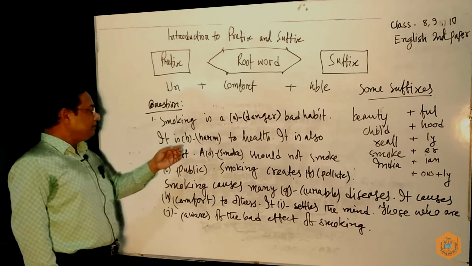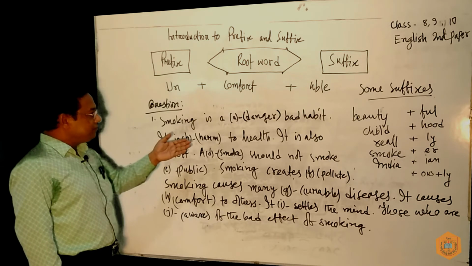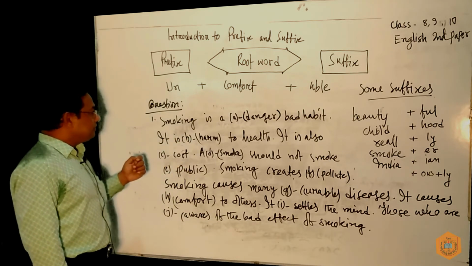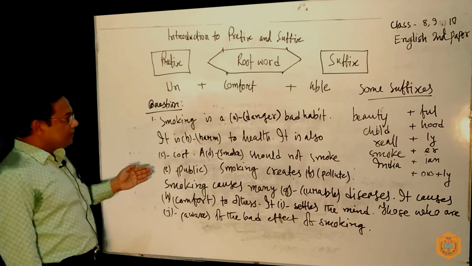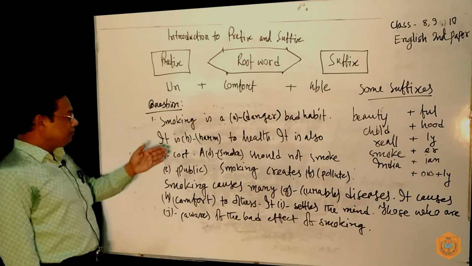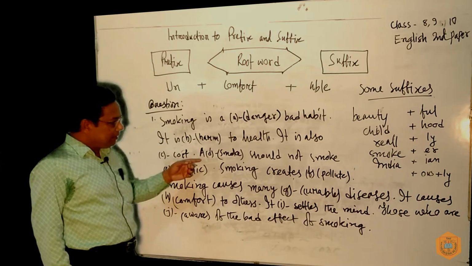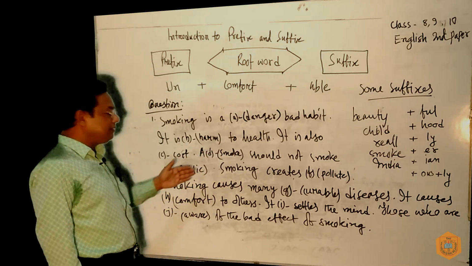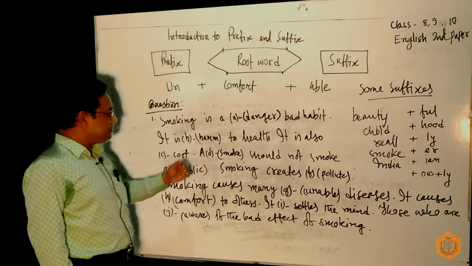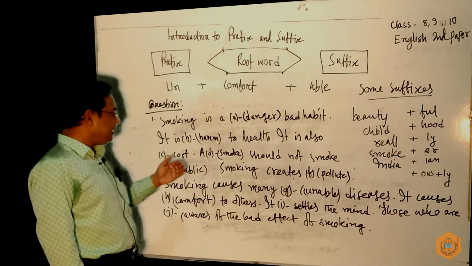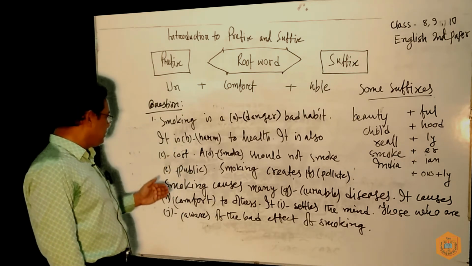Here we have used suffix with harm. It is also cost. We can say it is also costly. A smoker, here is smoke, we make it a noun. So a smoker should not smoke publicly.